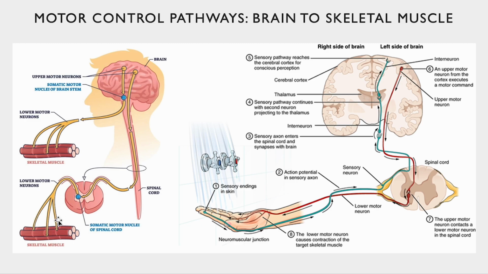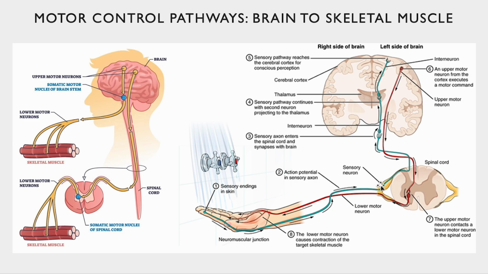And when we study this, it's a good idea to study it in context. These movements will depend on the sensory information. For example, here we have the sensory endings on the skin, temperature, for example. And in blue, we have the afferent fibers going through the dorsal root of the spinal cord.